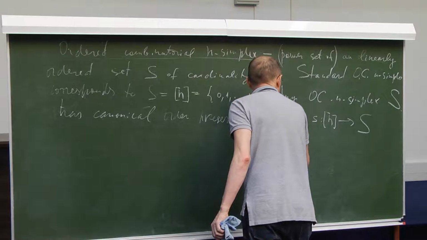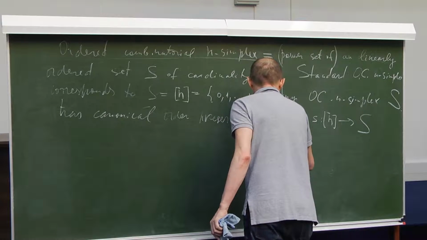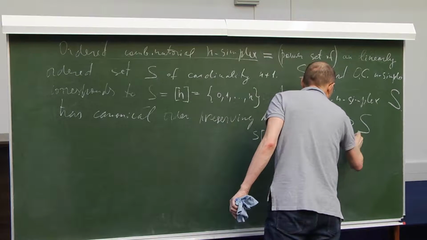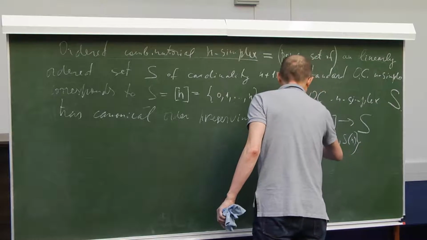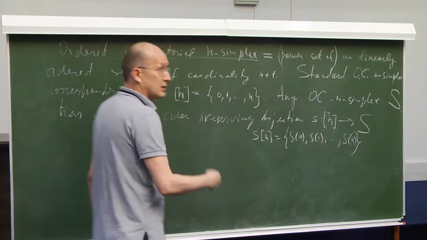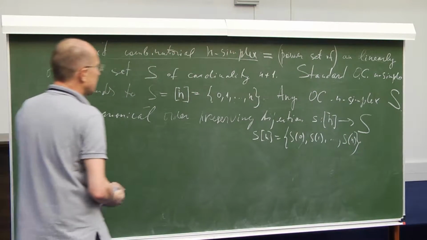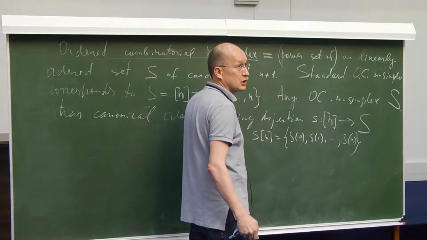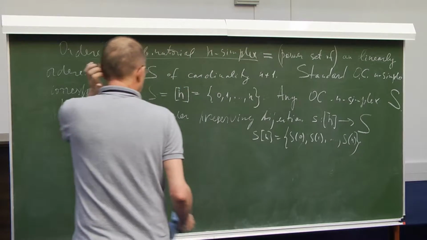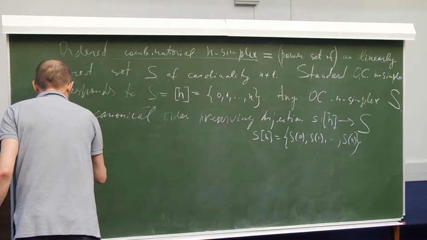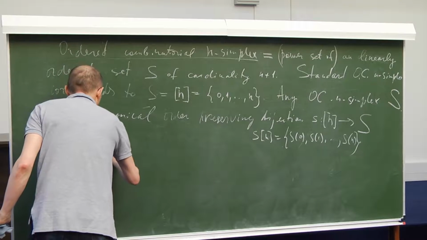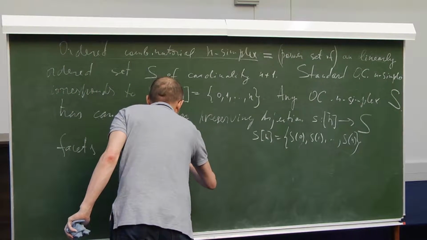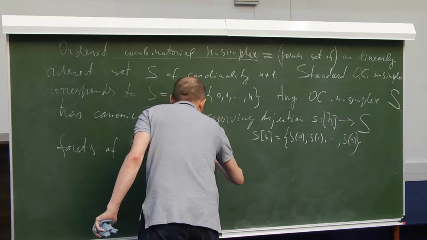So s of [n] is s of 0, s of 1, up to s of n. So just a linear order. So we can think of any simplex as an image of the standard simplex just by relabeling the points. And then we have facets of S given by n plus 1 simplices of dimension n minus 1.